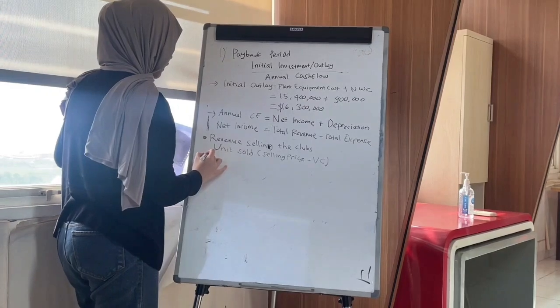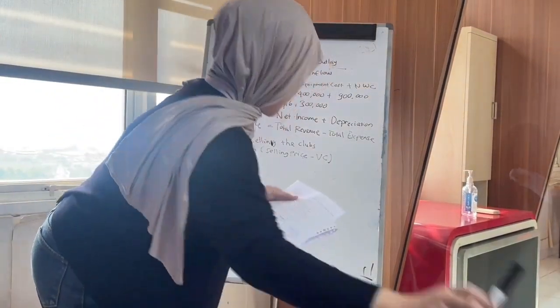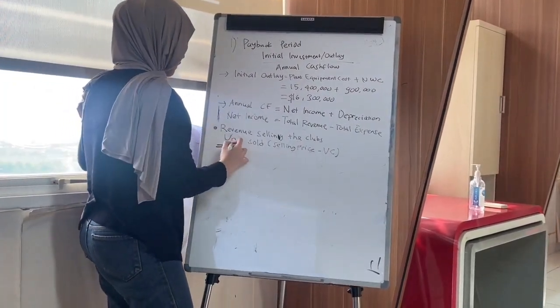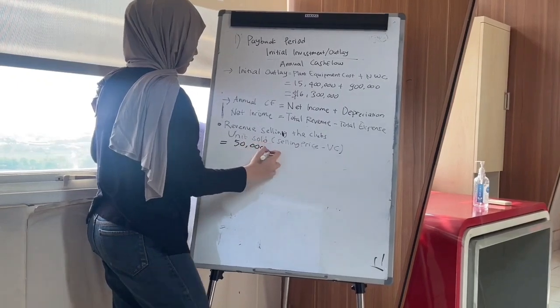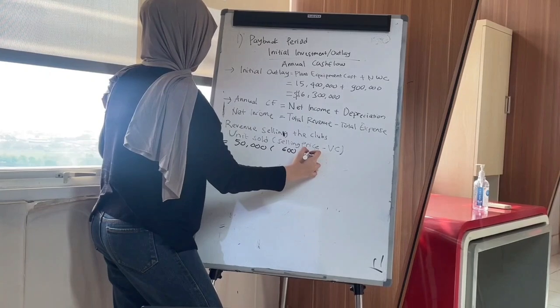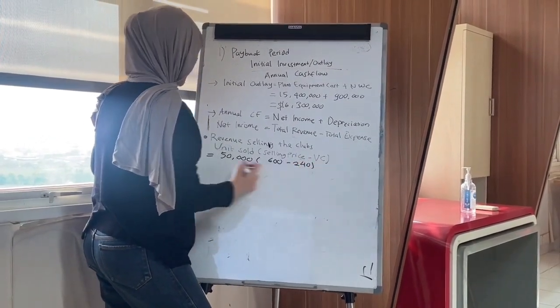From the data given, we know that the units sold is 50,000. The selling price is 600 minus the variable cost of 240.